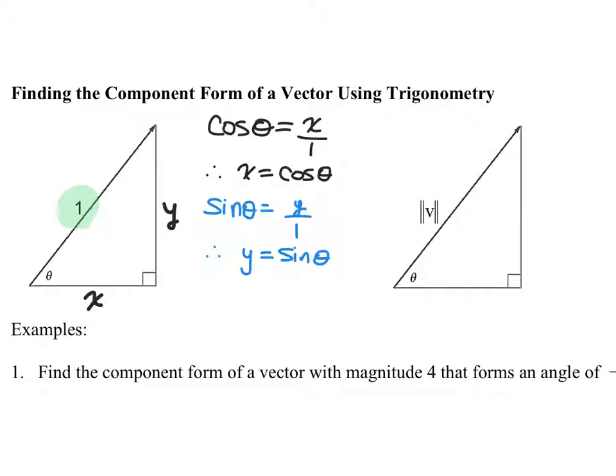Now, a vector in rectangular form is in the form of x comma y. All right? So this is what we call a unit vector. So I'm going to just tack that on, a unit vector, because this is one unit.